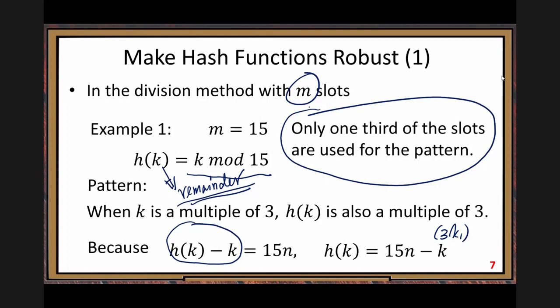So 2/3 of the space is wasted, right? Because you only use 1/3 of the space. 2/3 of the space is wasted. That's not efficient. That's a bad hash function.